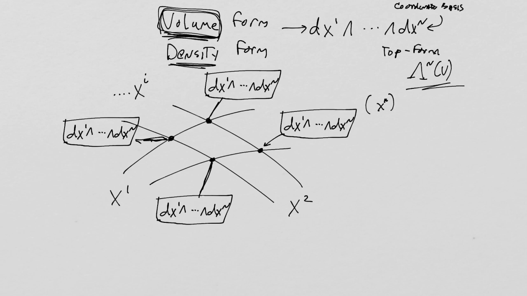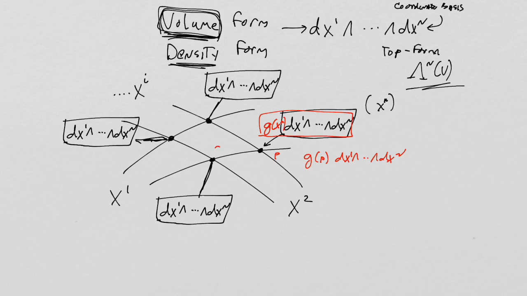Now we can turn this into a top form field by putting a function of space-time in front of this whole thing. So this particular one here, if that's the point P, will be g evaluated at P of dx1 wedge dxn.